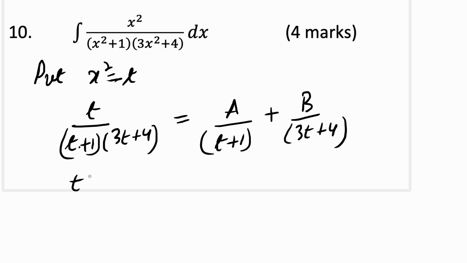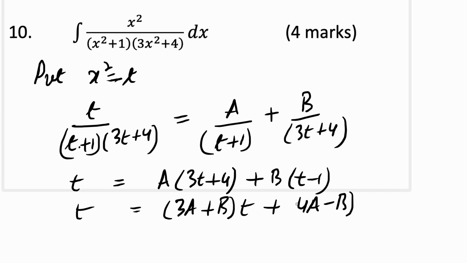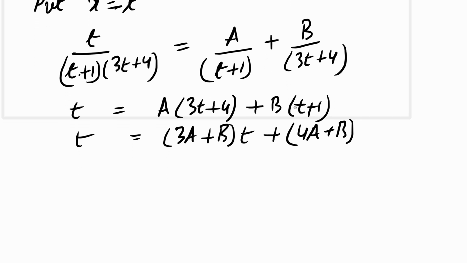So we can write t is equal to a(3t plus 4) plus b(t plus 1). So t is equal to (3a plus b)t plus (4a plus b).